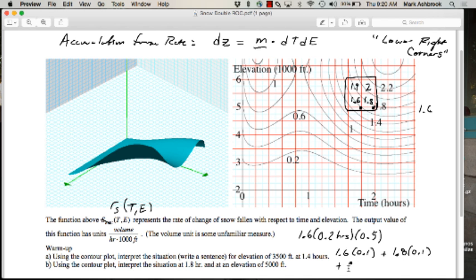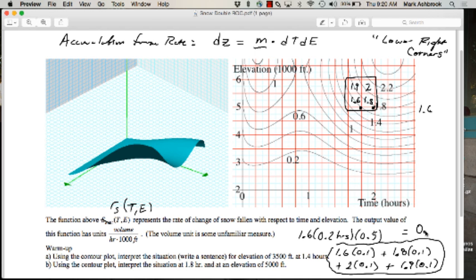Are you following? Anyone got an answer yet? So that's your calculation down here in the lower right corner, which gets you the accumulated snow between 1.6 and 2 hours from 5,000 to 6,000 feet on the mountain. A couple people have gotten 0.73.